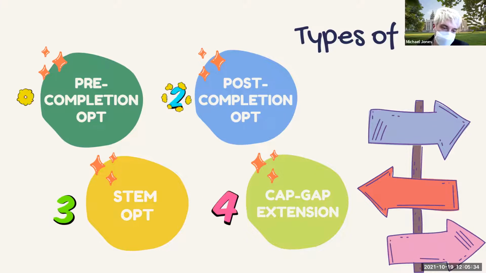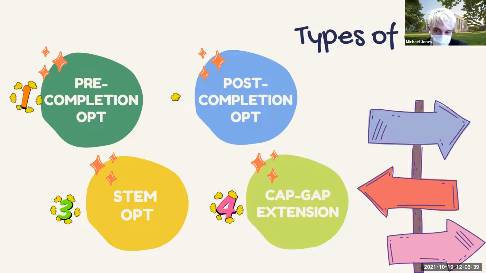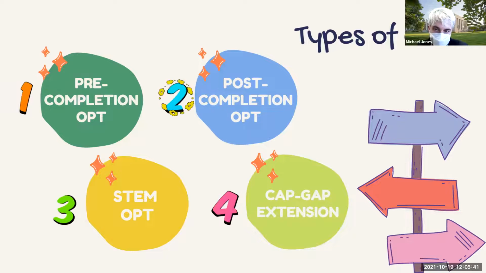These are not available to you at PCC. They are available to you if you go up in degree level on your F1 visa, but for now, we're not going to really talk about those today because they're not available to you. Today, we're mostly going to be focusing on post-completion OPT because that is the most popular of all the different forms of OPT that our students do at PCC.